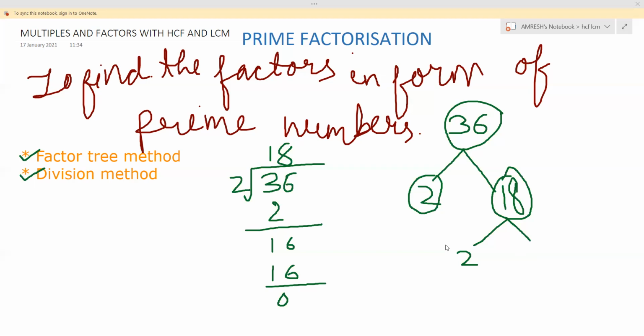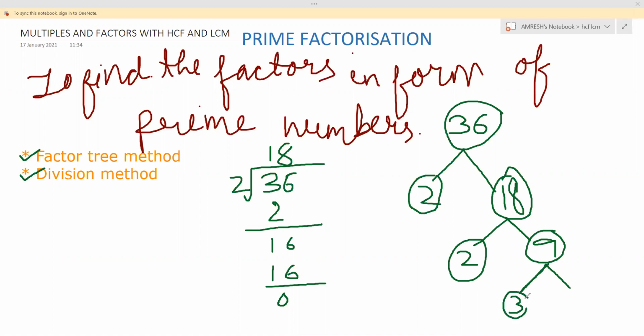From 9 also one more tree is possible. Yes or no? 3 and 3.